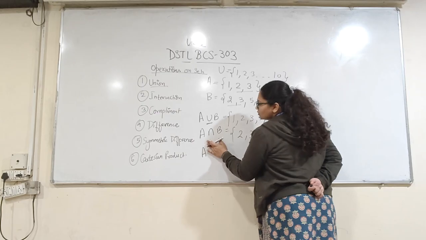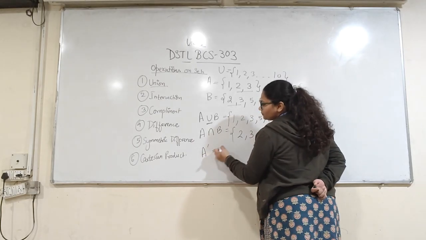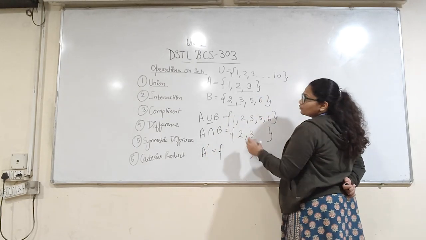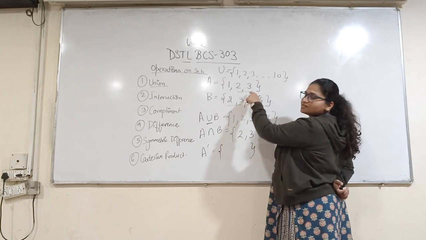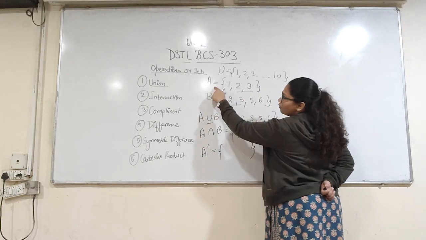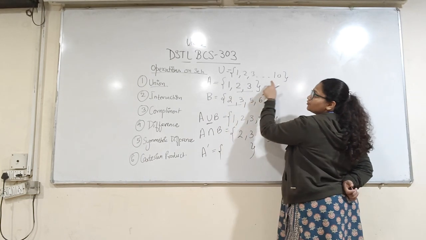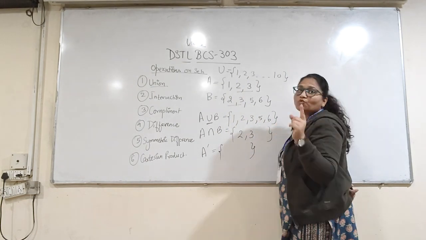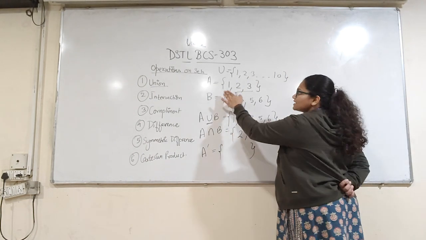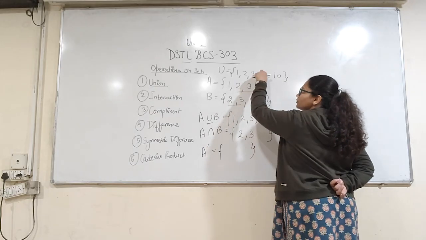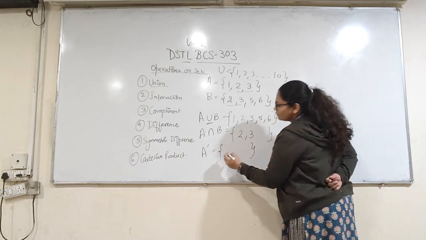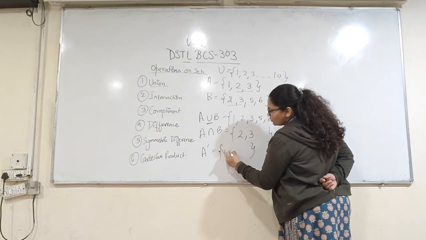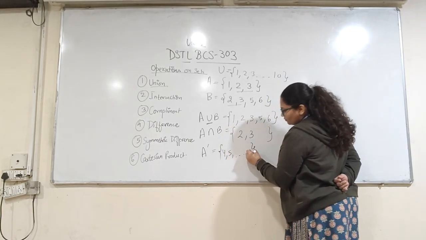So, A complement will be the elements which are there in the universal set but not in the set. We are calculating A complement, which has 1, 2, 3, and universal set has elements 1 to 10. So, we will eradicate 1, 2 and 3 from the universal set, and that will become your complement of that set. So, complement of set will become 4, 5 till 10.